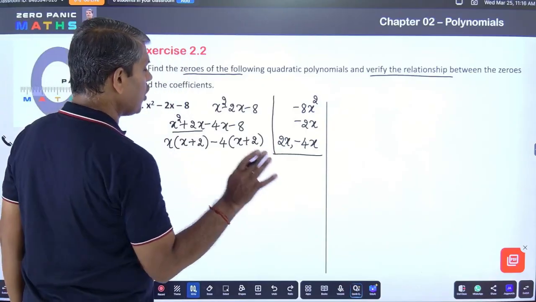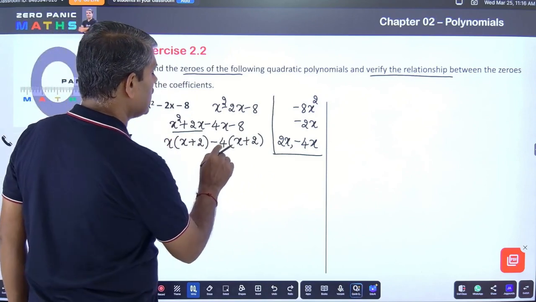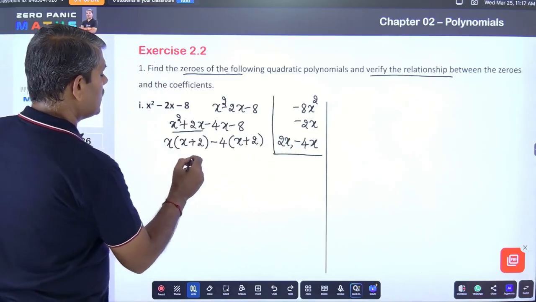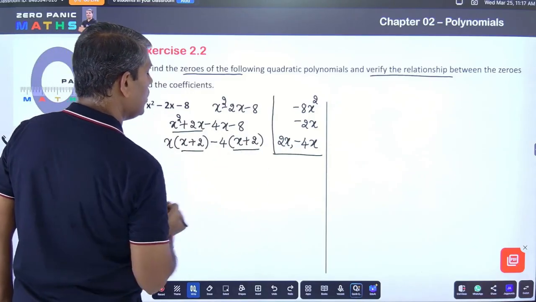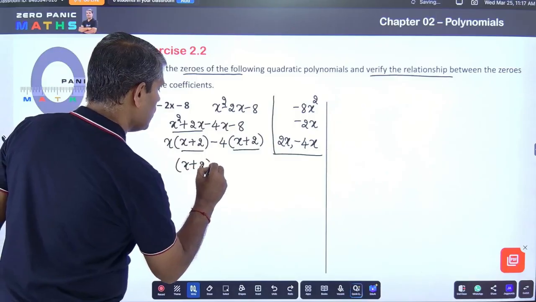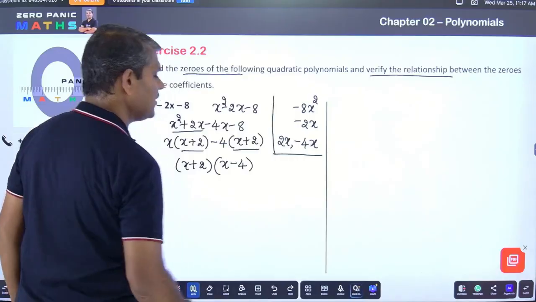I'm not going to explain this because we have discussed such problems in the previous session. Minus 4x, minus 4 into 2, it is minus 8. So I'm again taking x plus 2 as common, so x plus 2 and x minus 4 are the factors of this.